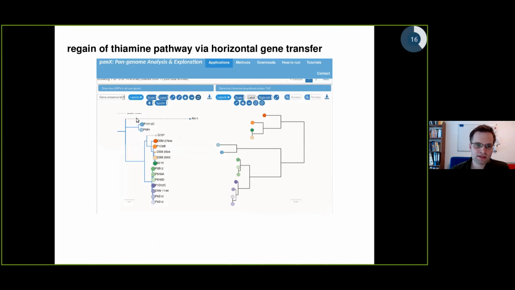Then you can browse in PanX, and look at the same data here, and you see those two guys here are the farthest related in the species tree, but the gene tree shows that those guys here have regained it.